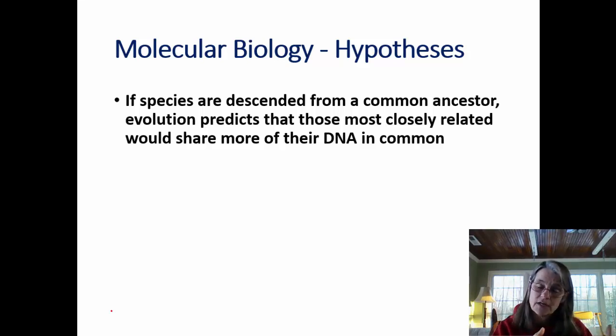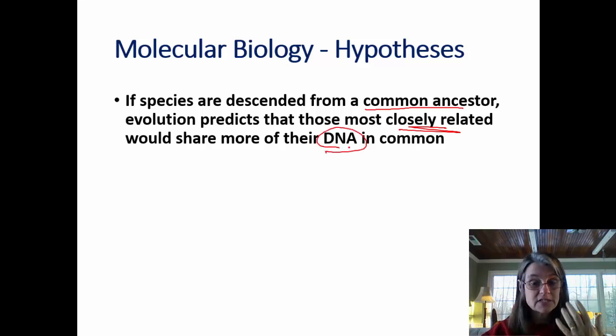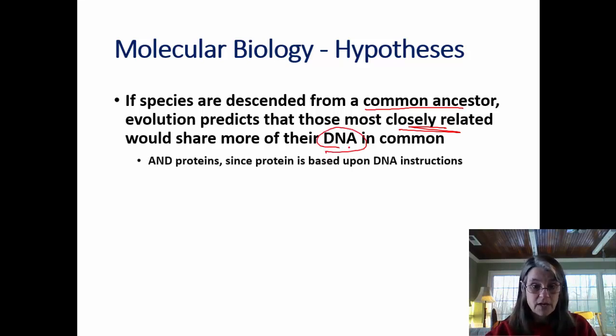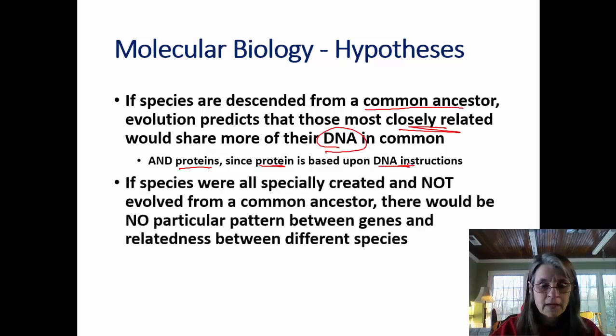If evolutionary ideas are so, then if species are descended, in fact, from a common ancestor, evolution predicts that those that are most closely related would share more of their DNA in common with each other, and also their proteins, since protein structure is based upon those DNA instructions, as we learned about before.